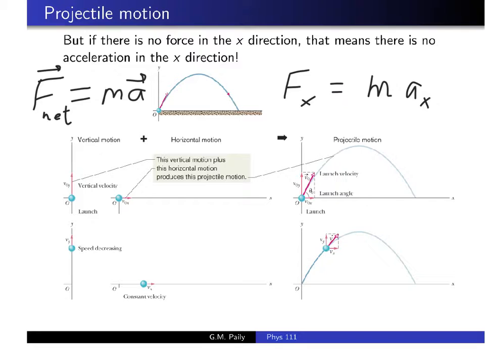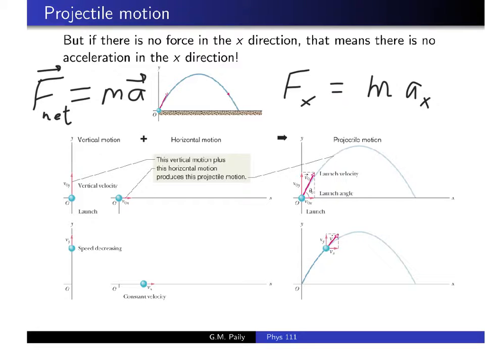However, we will see later on in this course that F net is equal to ma. But this implies that the components on either side are equal. So Fx is equal to max. If there is no force in the x direction, that means there is no acceleration in the x direction.